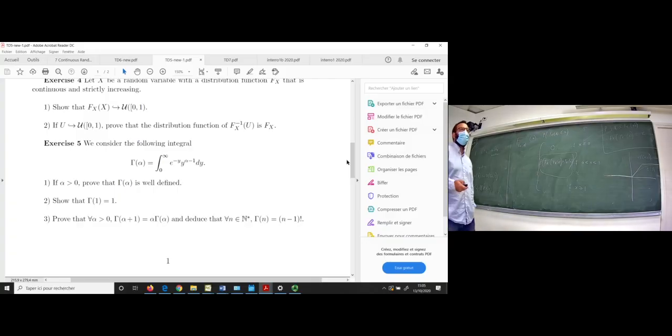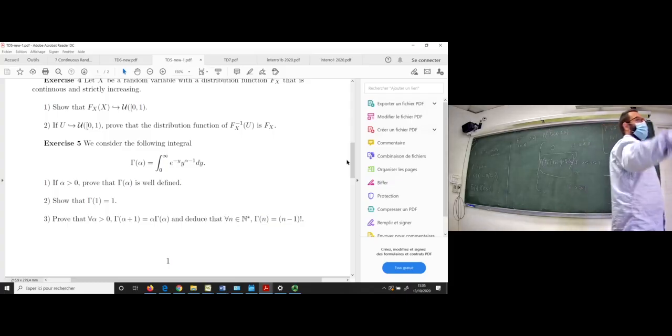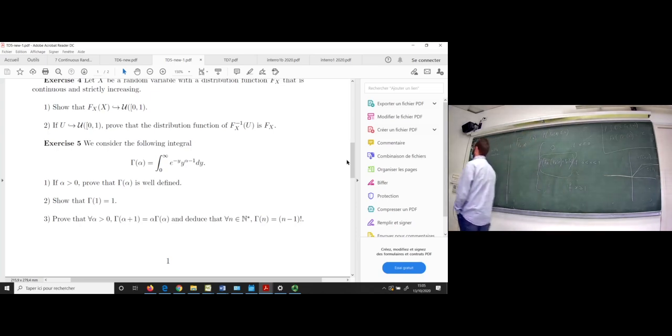And in general, to generate a uniform on the interval 0, 1, in all the computers you have here, you have a random function that allows you to do this. So just applying F_X^{-1} when it is perfectly known will allow you to generate the distribution you want.